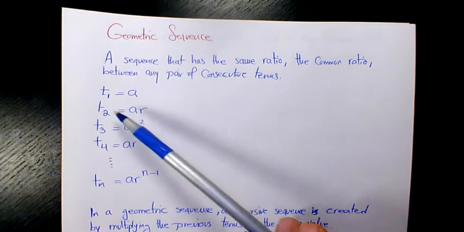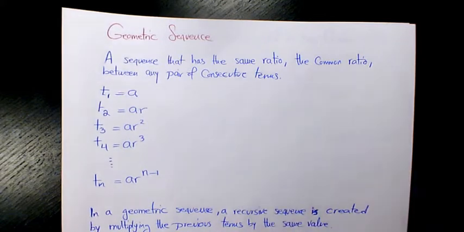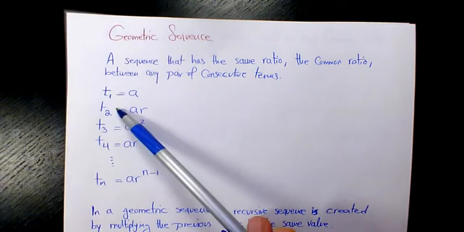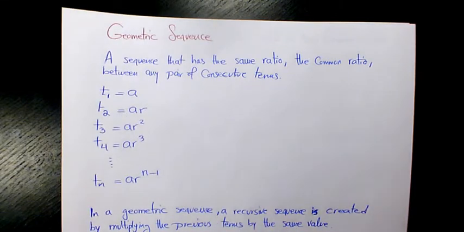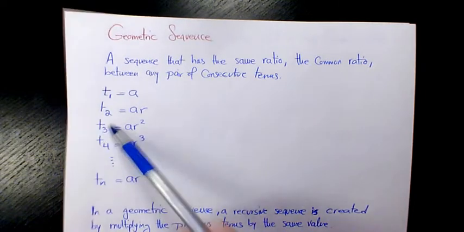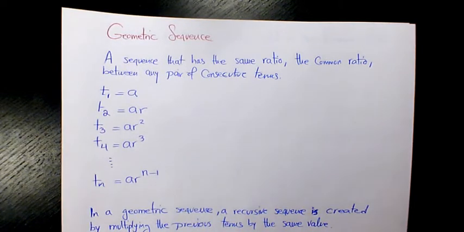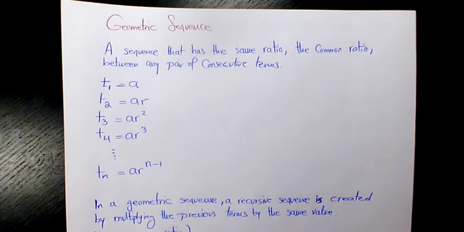So if you divide the second term by the first term, the result is r. If you divide the third term by the second term, again you get r. If you divide the fourth term by the third term, again you get the same ratio. So whenever you have a sequence and all these ratios are the same, we call it a geometric sequence.